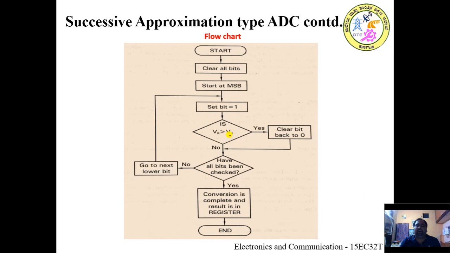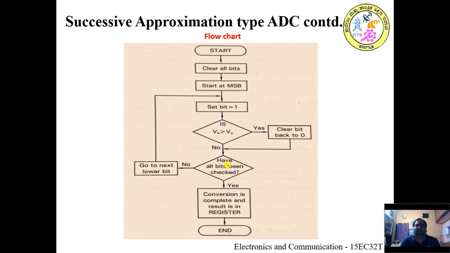VA is the analog input. Here we check whether the digital value is greater than the analog value. If the digital value is greater than the analog value, yes, then you have to clear it. Otherwise you will check whether all the bits are checked or not.